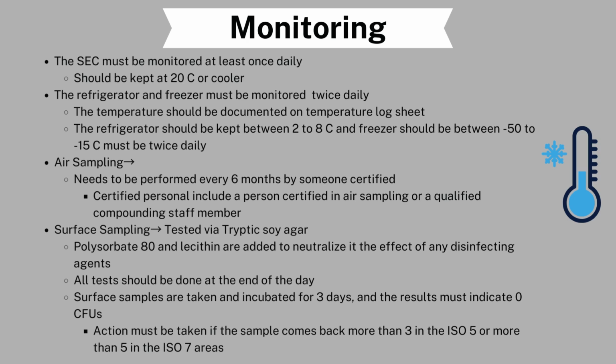So if you use any disinfectant agents before that, these two compounds will get rid of that. The surface needs to be clean, and they'll be able to tell if the surface has been disinfected consistently or not. All tests should be done at the end of the day, because typically that's when the most bacteria or contaminants would be present.